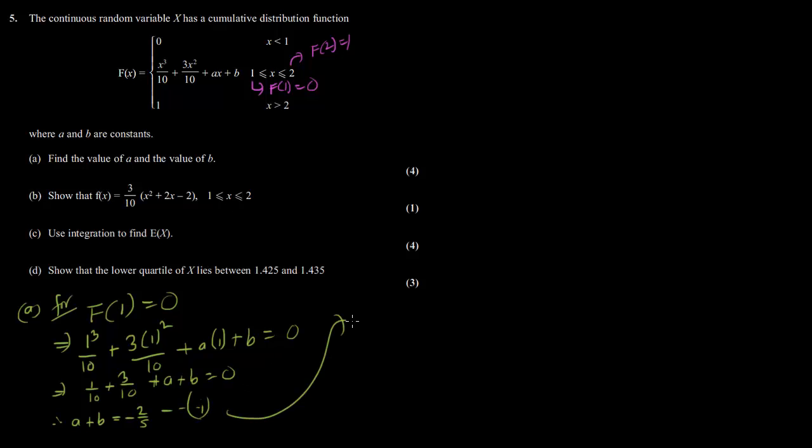The next equation would be when the upper limit is 1, so f2 equals 1. That means 2 cubed by 10 plus 3 into 2 squared by 10 plus a into 2 plus b equals 1. Let me just correct this, this should be 1.